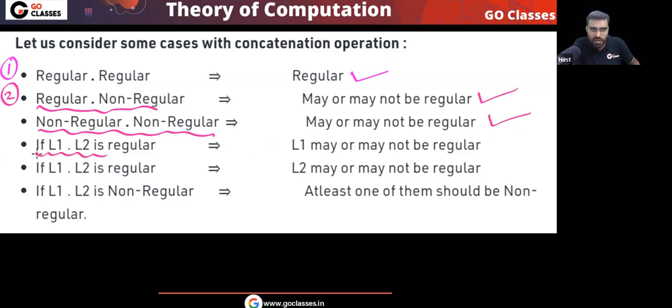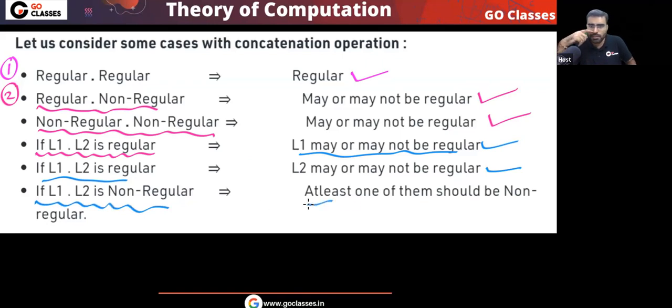If L1 dot L2 is regular, then anything can be possible. What about this? If L1 dot L2 is non-regular, then at least one of them is non-regular.